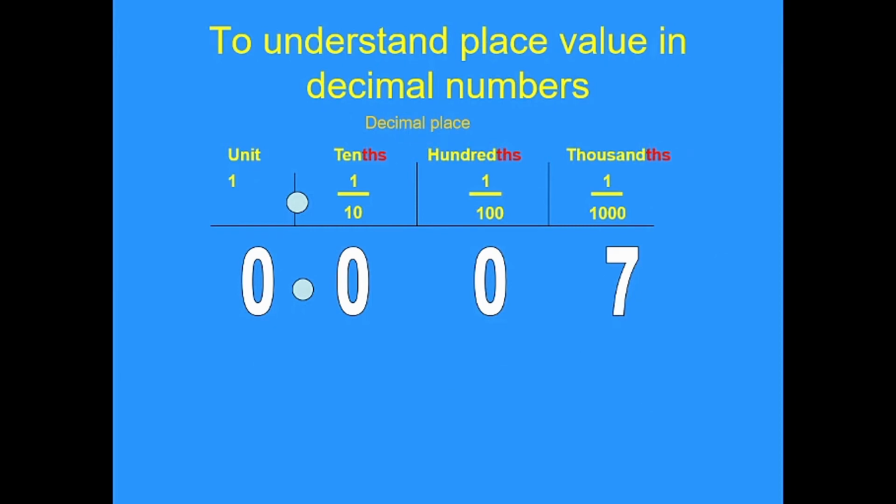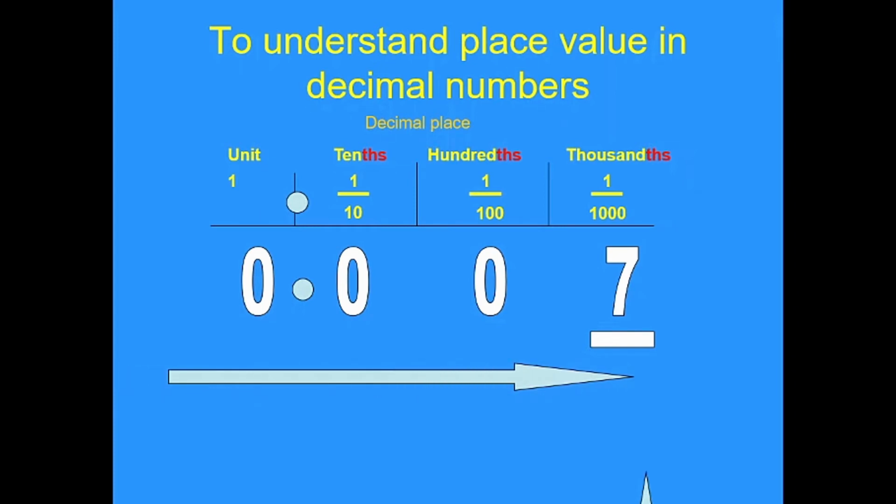Next, 0 and 7 thousandths. 7 is under thousandths place. So 7 times 1 over 1000. The value is 7 over 1000. Is it clear now how to get the value of our decimal?